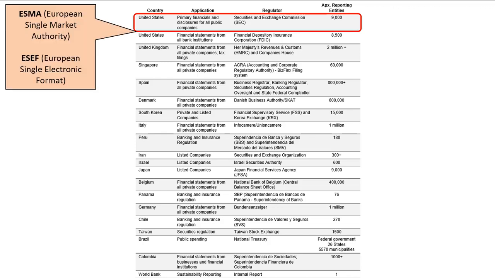So the ESMA, the European Single Market Authority, is also taking an approach similar to the SEC, and they have created what they're calling the European Single Electronic Format, which is basically XBRL plus another layer of inline XBRL.